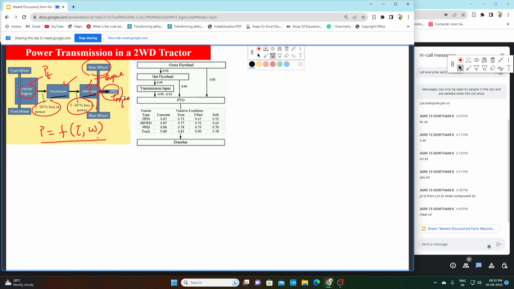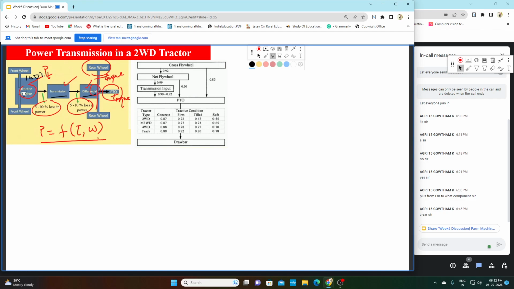What is the value of reduction? If we assume it as 100%, how much percentage of power is left in the rear wheels, and how much percentage is left in the PTO? So this is the question.